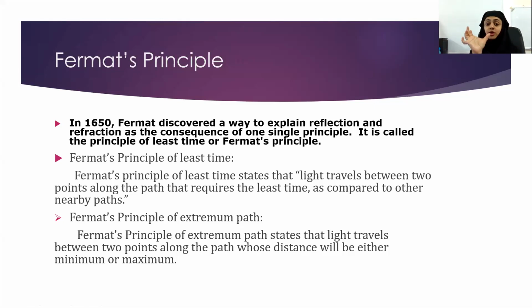Yes, teacher, can you repeat that part, dt by dx? I didn't understand that part. Suppose there are 2 points separated by a distance x. Then dt by dx is equal to 0 means the time will not change with respect to x.